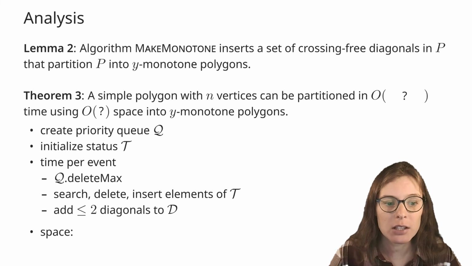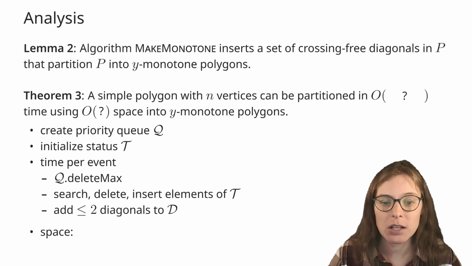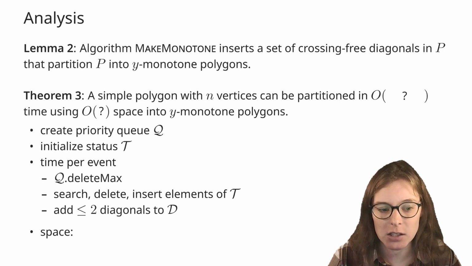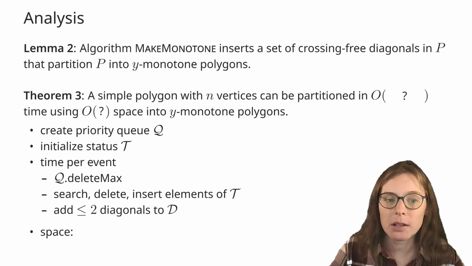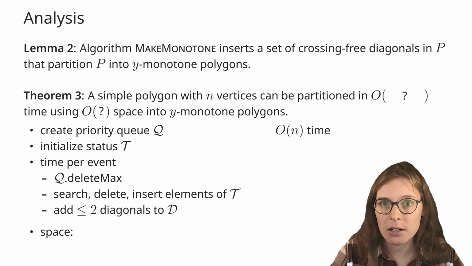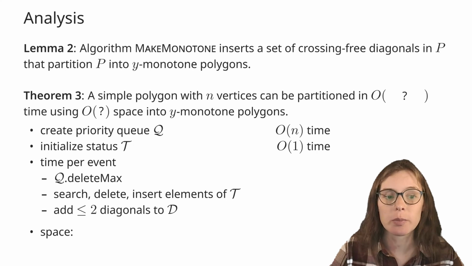And then for each event, it deletes the next vertex from the queue. It needs to search, delete, and insert elements into the status data structure. And it will add at most 2 diagonals to the doubly connected edge list. If we use the min heap for the priority queue, initializing it takes linear time. Initializing the status data structure takes constant time because initially it will be empty.